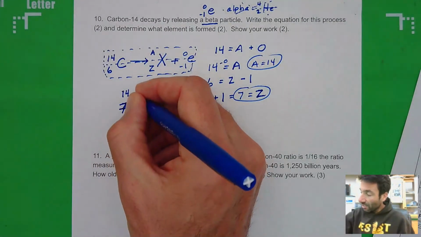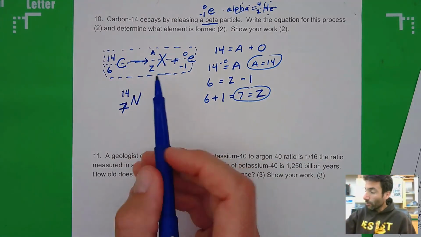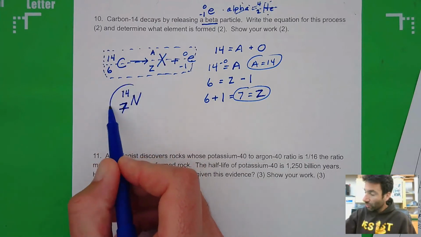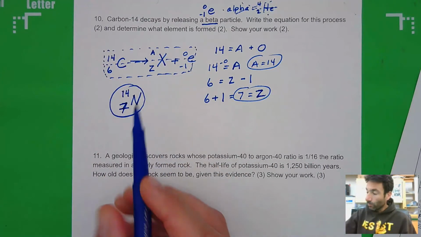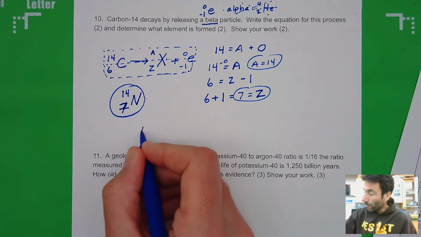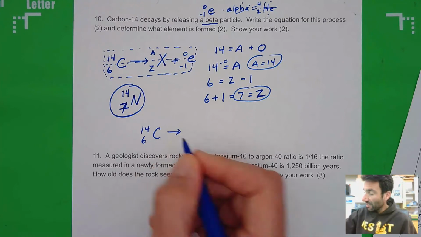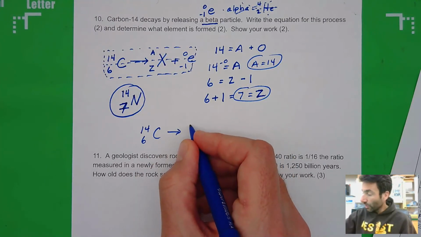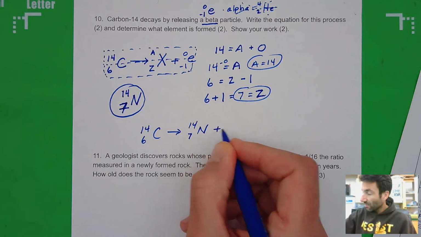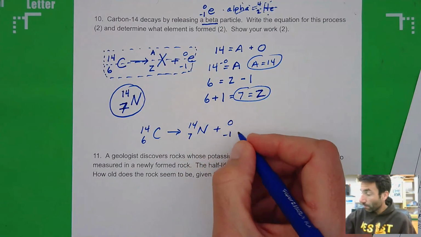So this carbon turned into nitrogen. Now I'm going to write that, which answers part of the question, but I want to put this back into the equation so that I can really write out what was happening here. And that is that carbon-14 decayed into nitrogen and released an alpha particle, or excuse me, a beta particle.